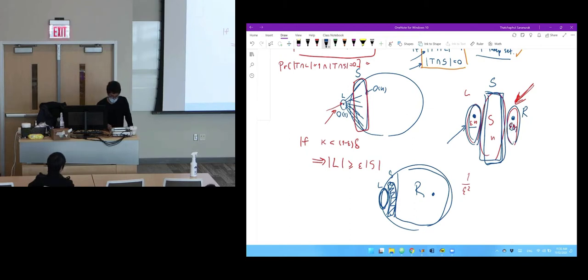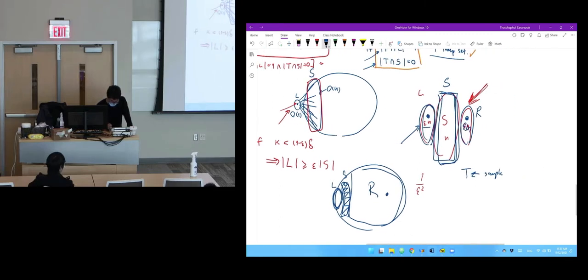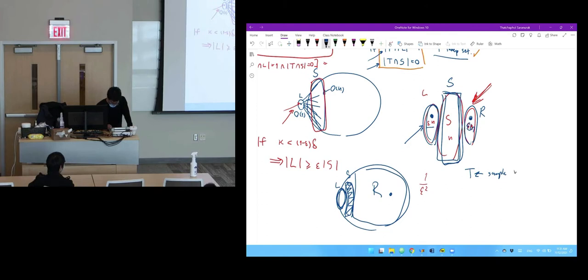When this is the case, if you sample T with probability something like 1/n, then the probability that T intersect L is 1, T intersect S is 0, and T intersect R is at least 1 is going to be something like epsilon square.